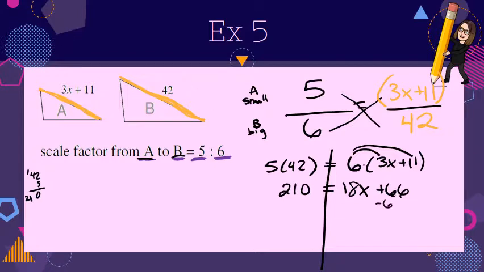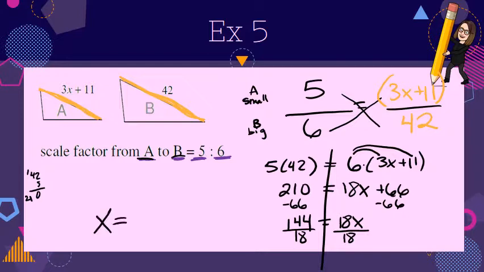So my next step would be PEMDAS backwards. I'm going to subtract 66 from both sides. Okay. So let's see, that'll give me 144 if I'm correct. Last step, if I divide by 18, that would isolate my x.